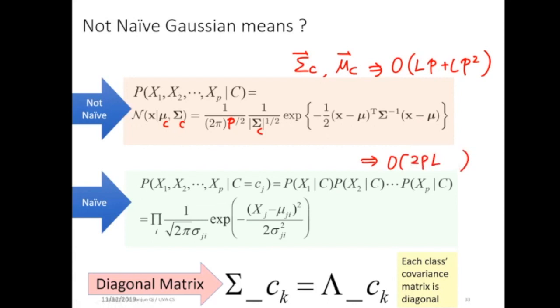So the non-naive case has p quadratic more.